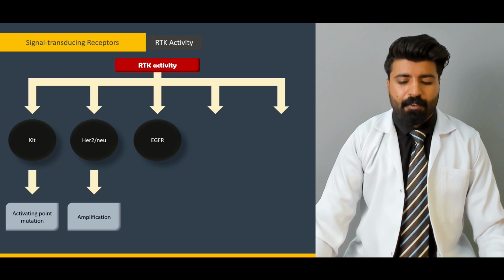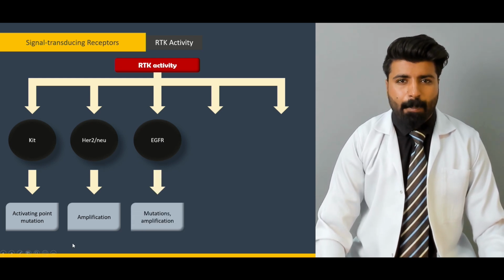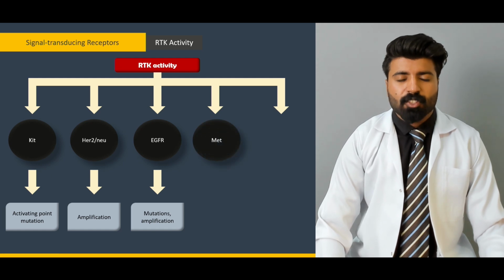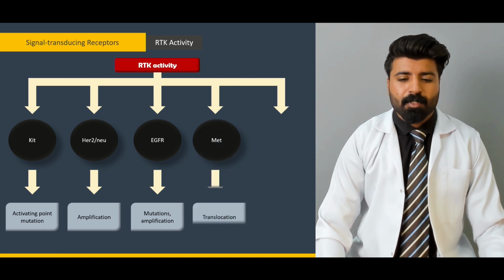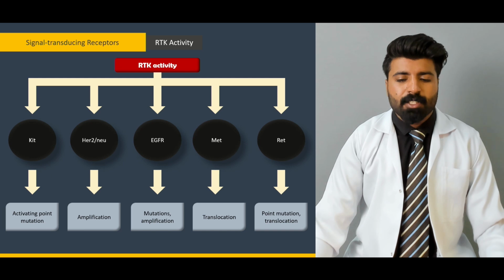Next, we have EGFR, which will include mutations and amplifications. Next, we have MET receptors, which will include translocation. Then we have RHD, which will include point mutation and translocation.